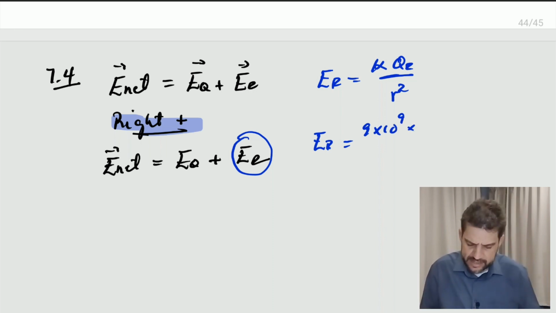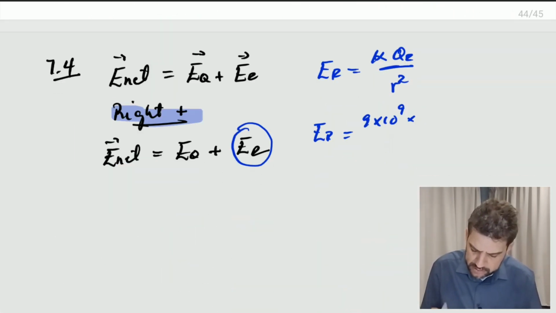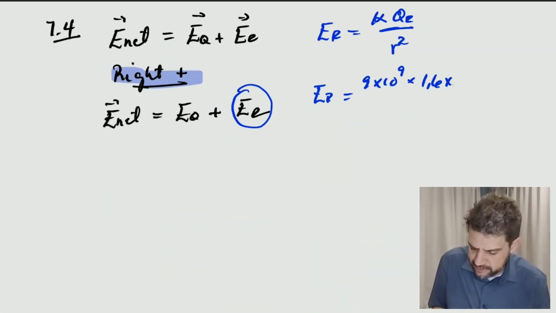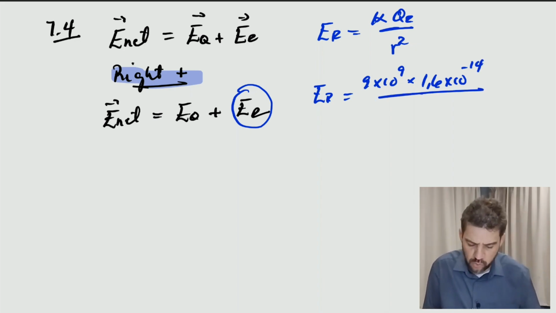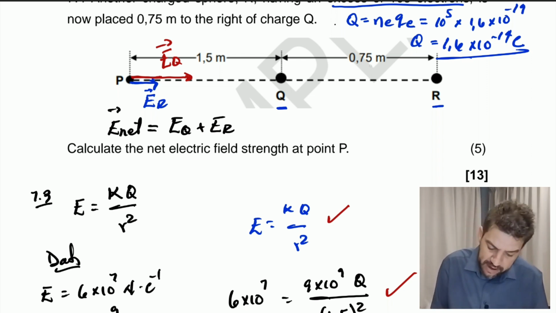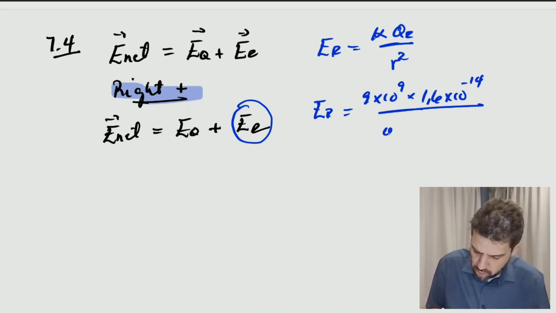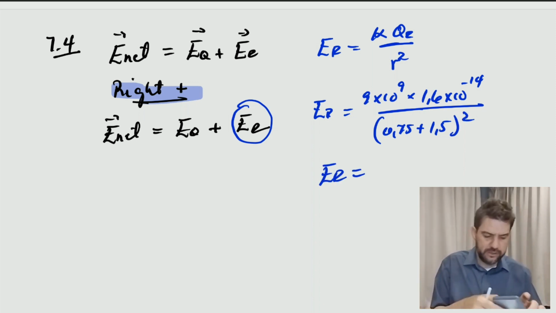The charge we just calculated with the excess of electrons is 1,6 times 10 to the minus 14, and for the distance squared, we measure from R. So the distance from here to that point is 0,75 plus 1,5, everything squared. That is ER.